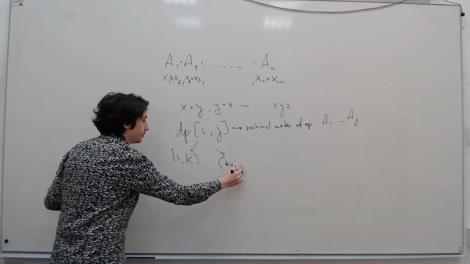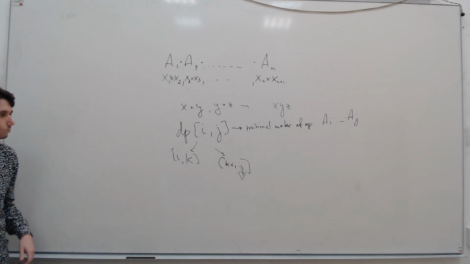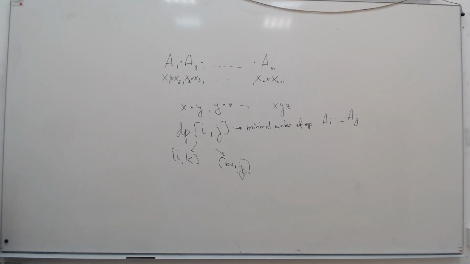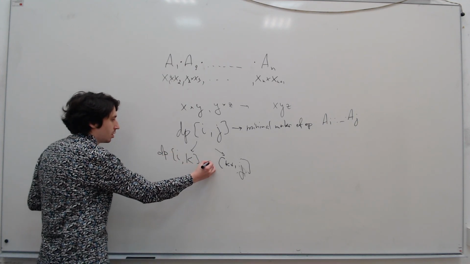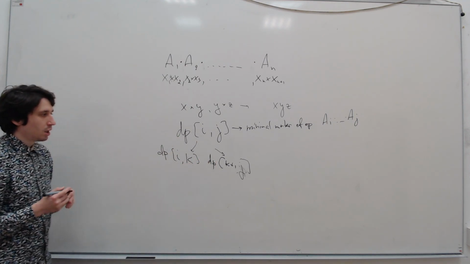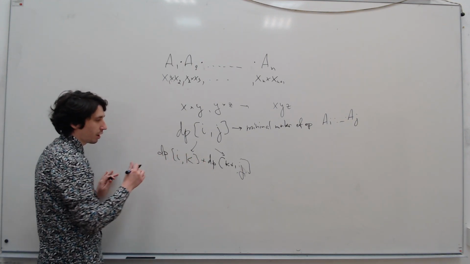And then we have to calculate how many operations we have to perform to multiply matrices Ai to Ak. Okay, so we already know this, and Ak to Aj.